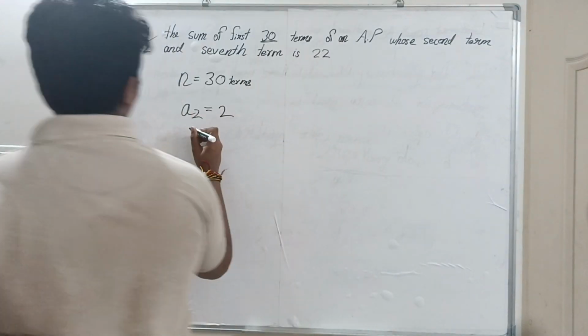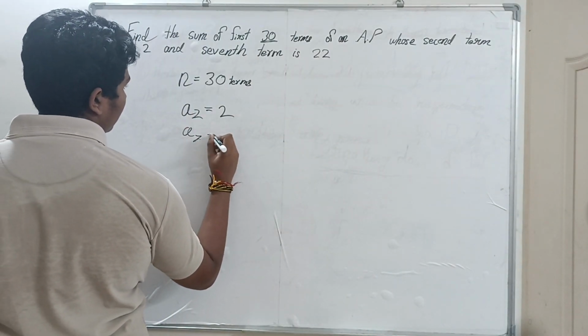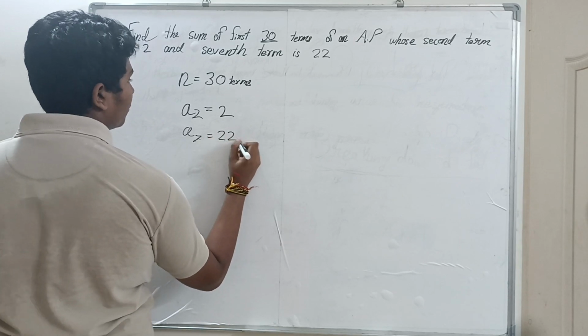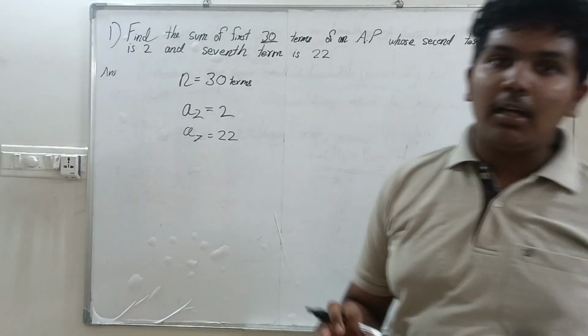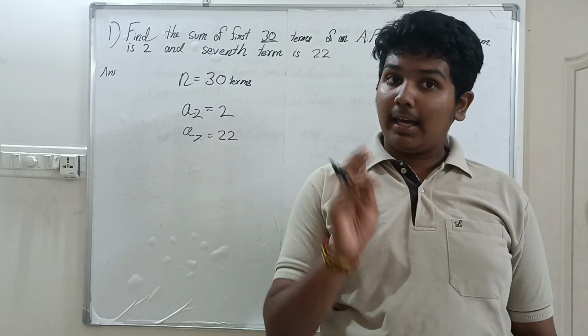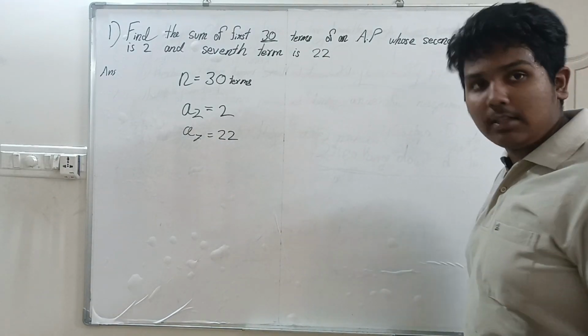So A7 is equal to 22. What is the formula of an? An is a plus n minus 1 whole into d.